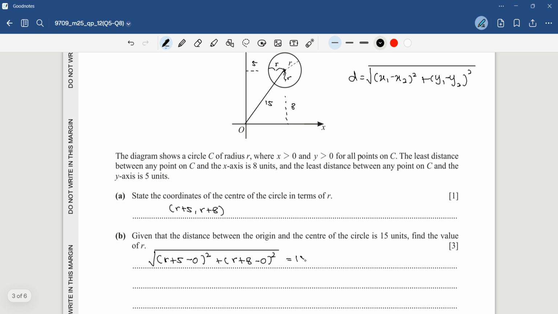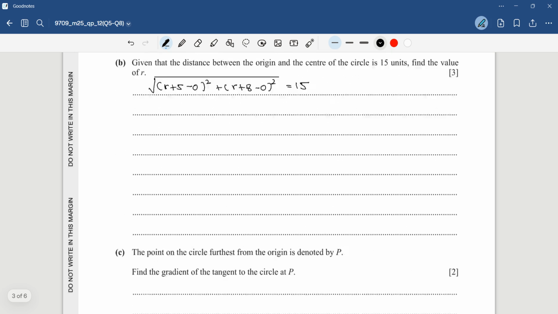The distance is 15 units. So you square this: r squared plus 10r plus 25 plus r squared plus 16r plus 64 equals 15 squared.